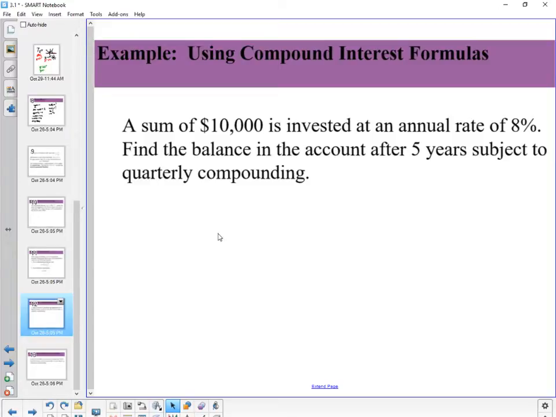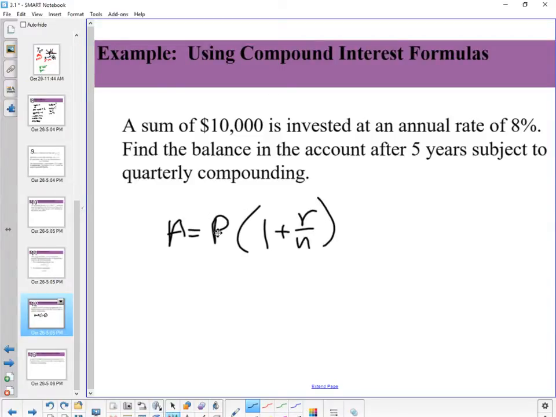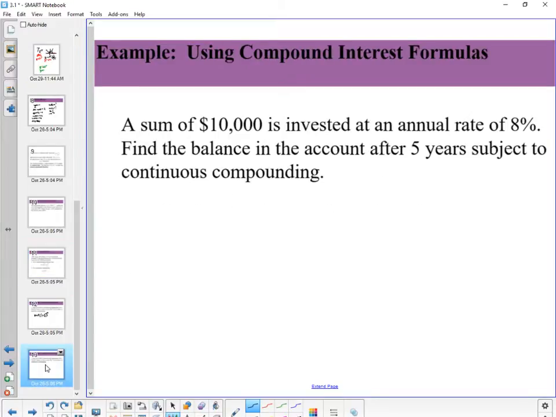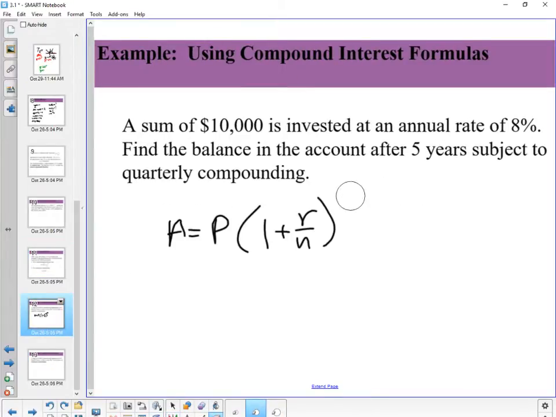The periods per year. Is it RT or is it NT? It is NT, because it's the number of times, periods per year. It's not 5,000. 8%.